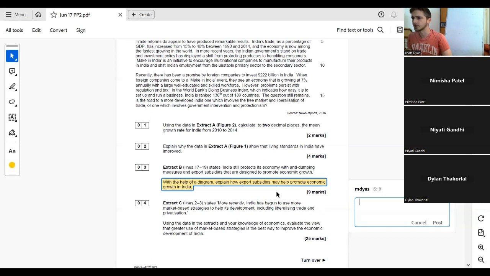You might have to say something like, with the price of Indian products being cheaper due to the subsidy, which is shown by your diagram, they would sell more exports. And if they can sell more exports, then the X value of aggregate demand rises and they would experience economic growth. So in a way, you'd want to mention aggregate demand even if you don't draw the diagram.